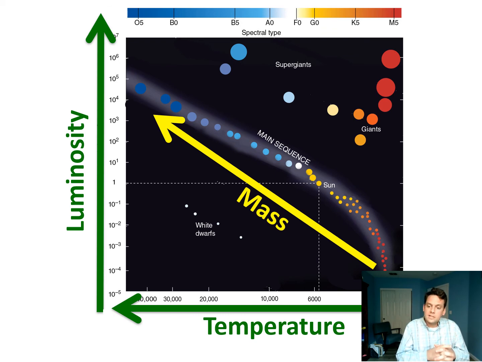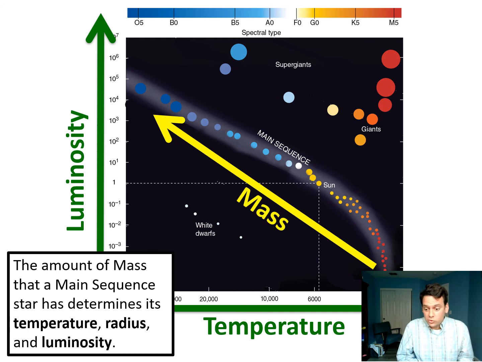And so on the main sequence, as you go from the M class star up to O class star, the mass increases. Just as the arrow indicates, mass increases as you go from lower right up to upper left. And the more massive the star gets, the hotter it gets. And as we talk over the next few weeks about stellar formation and evolution, we'll understand why that is.